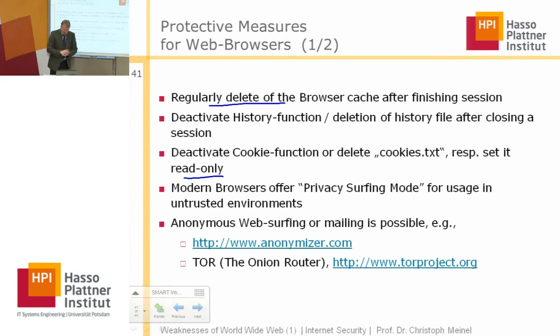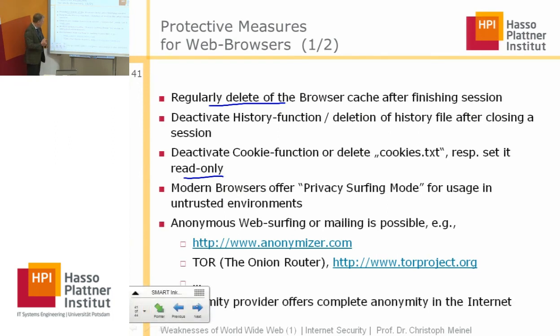The Tor anonymizer, the so-called onion router approach, makes anonymous web surfing possible, but misuse of these services by criminals is also known. Then the anonymity providers also offer complete anonymity in the internet.